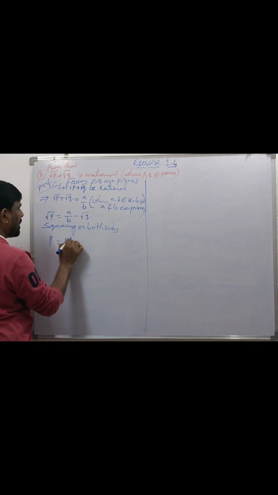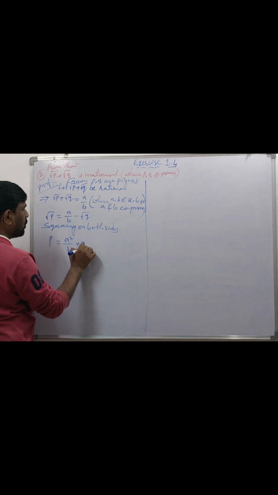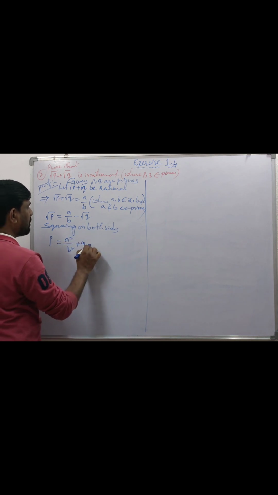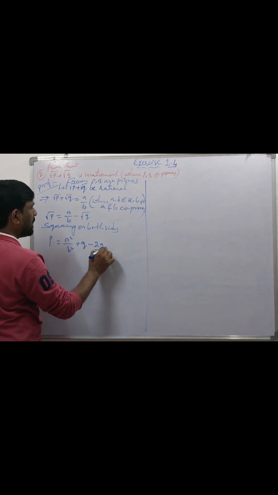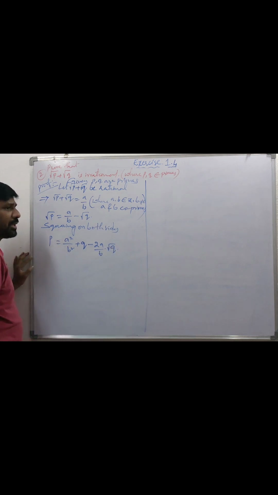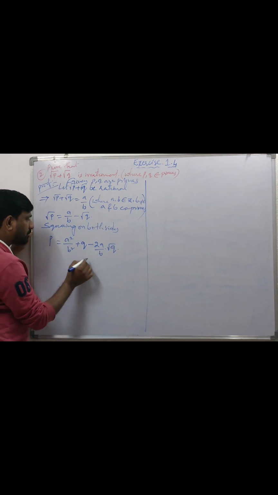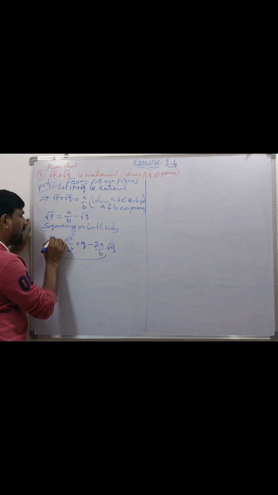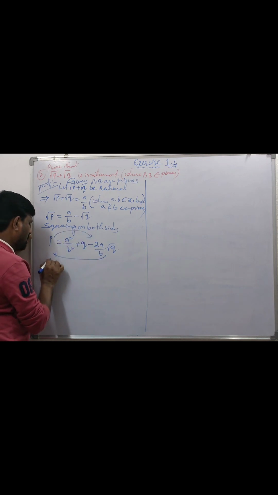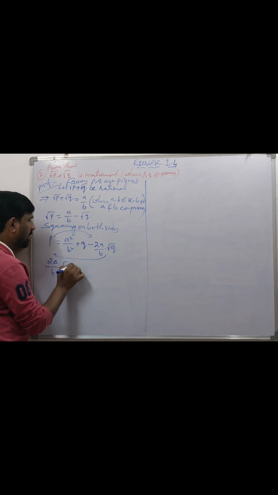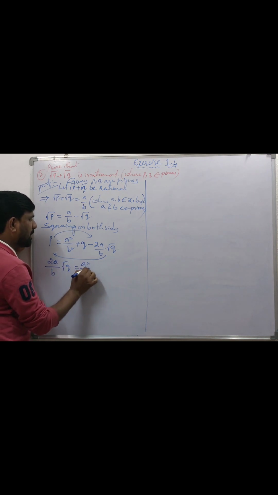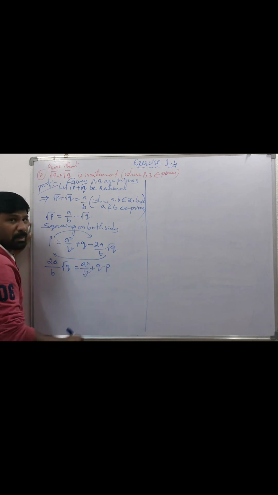This is a square by b square, plus root q whole square means you will get only q, next minus 2a by b into root q. Bring this term to the LHS and send this p to the RHS. So you will get 2a by b into root q is equal to a square by b square plus q minus p.